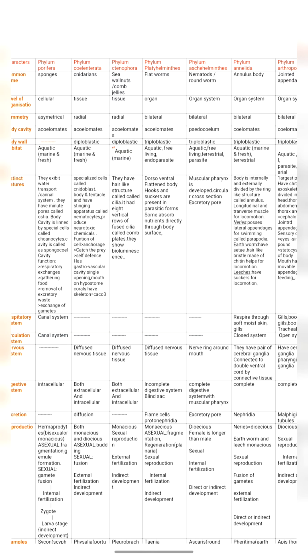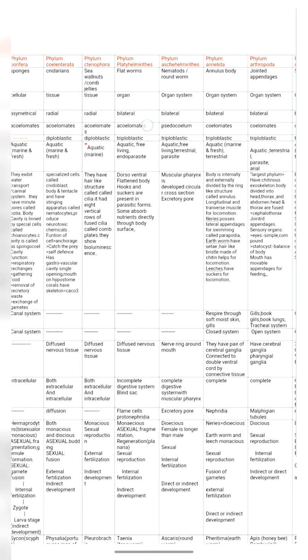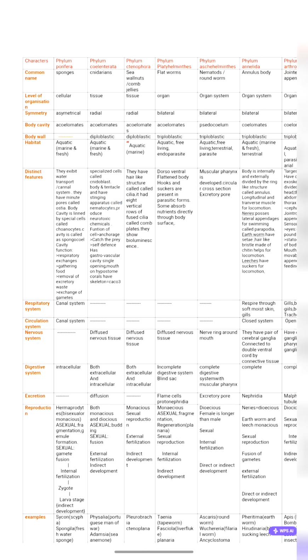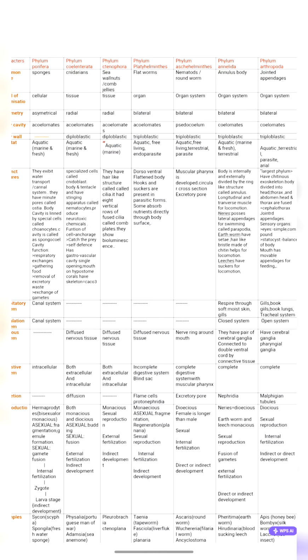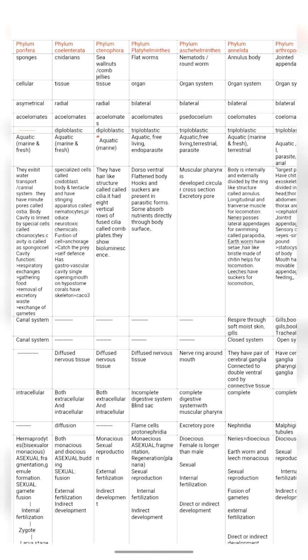If you remember all the phyla in order, only then can you apply this comparative study strategy to whatever you study. Otherwise, even if you read, you will not remember at the proper time. So this is one of the strategies I am giving, comparative study.